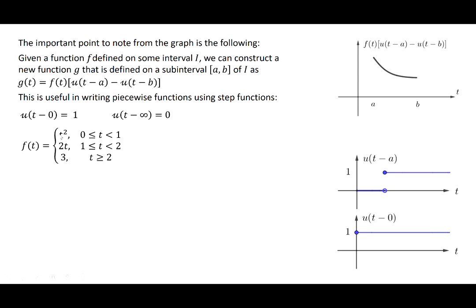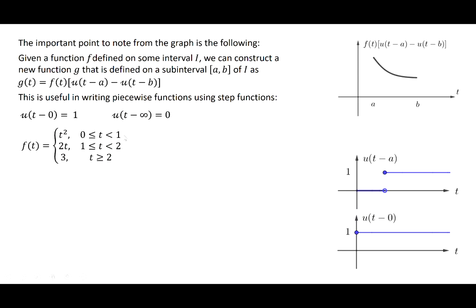right? So what this is suggesting is we can write this portion of it as t square, the f of t part, u of t minus a is 0, minus u of t minus b is 1. Check that out.